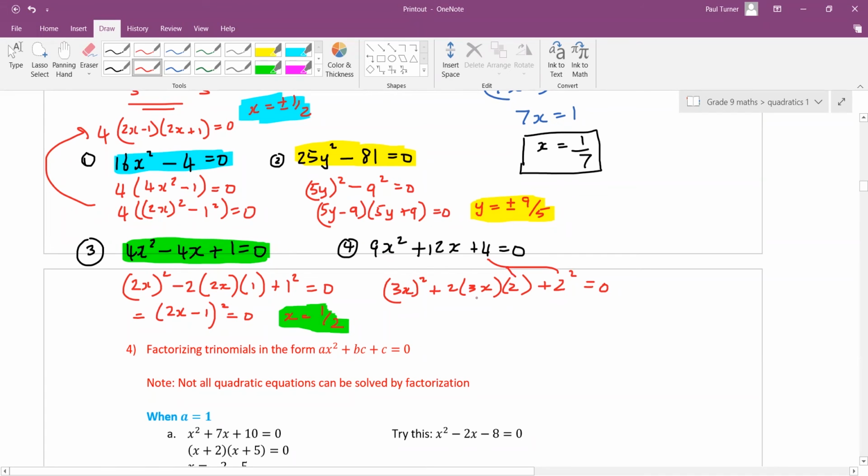Okay, so this middle term is okay. 2 3s are 6, 2 6s are 12. So this would become 3x plus 2 as a complete square equals 0. So that means that 3x plus 2 equals 0. So x would be minus 2 on 3. So just one answer there.